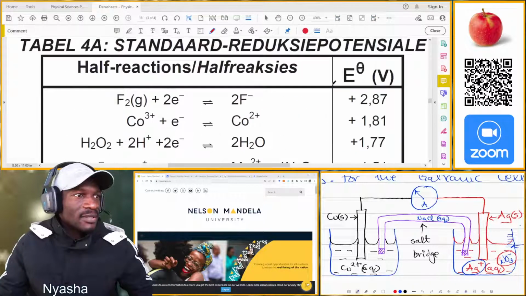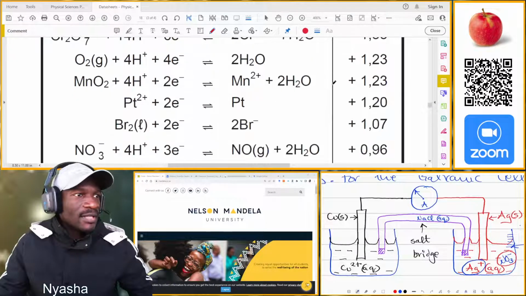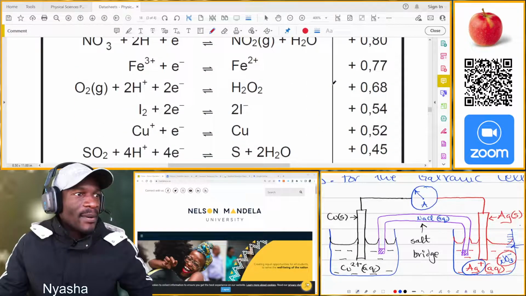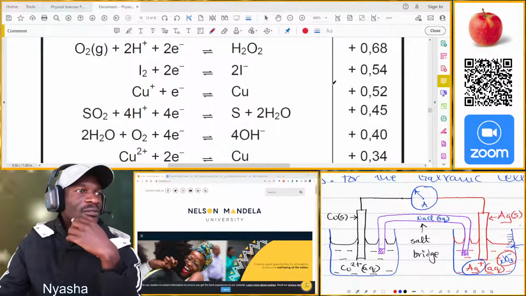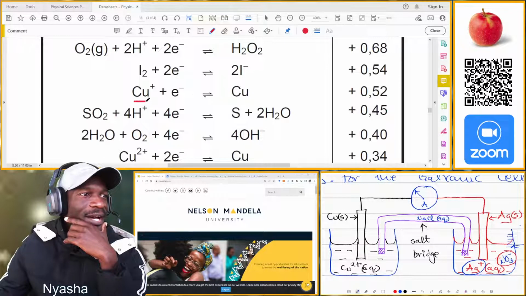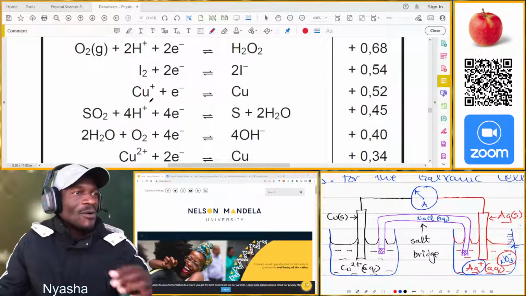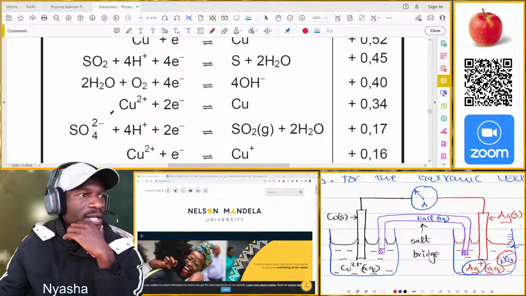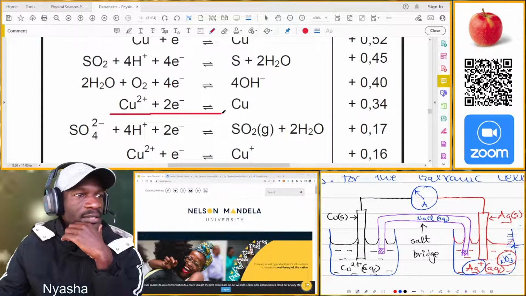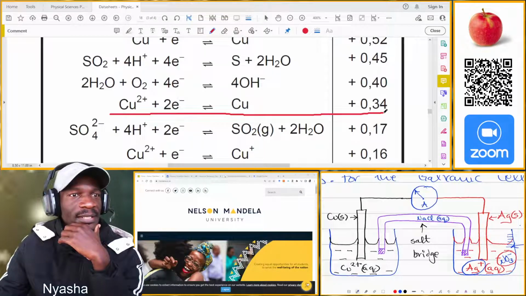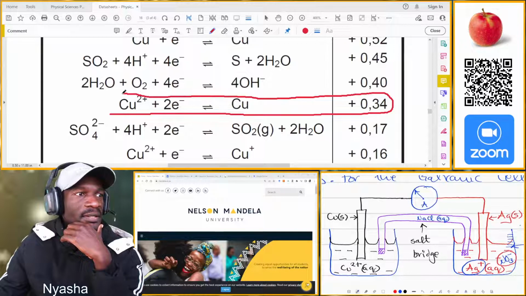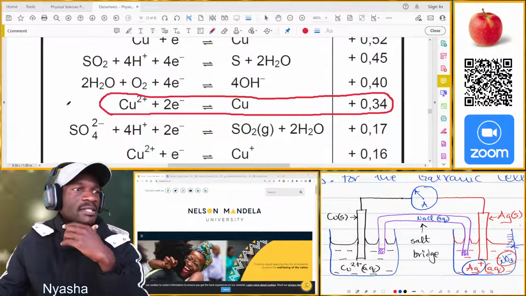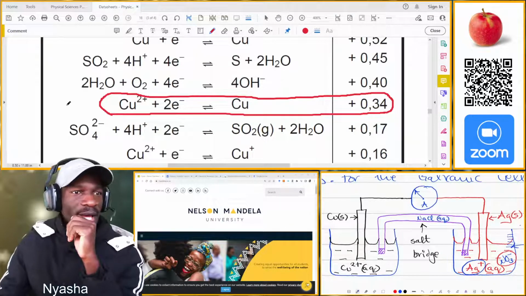We have this ion here for copper 1, the cuprous ion, and this is the cupric ion. There we have it.